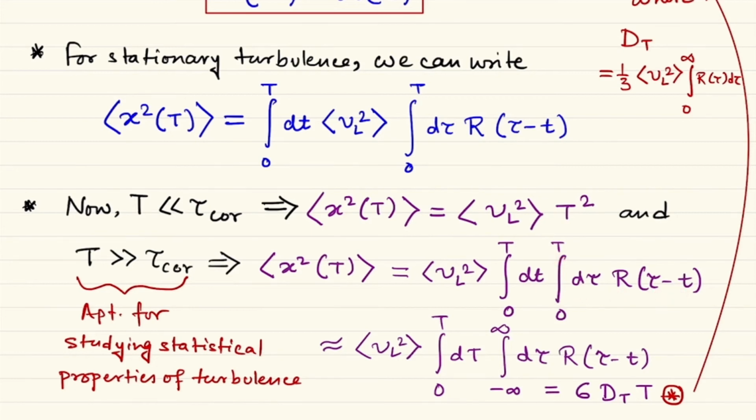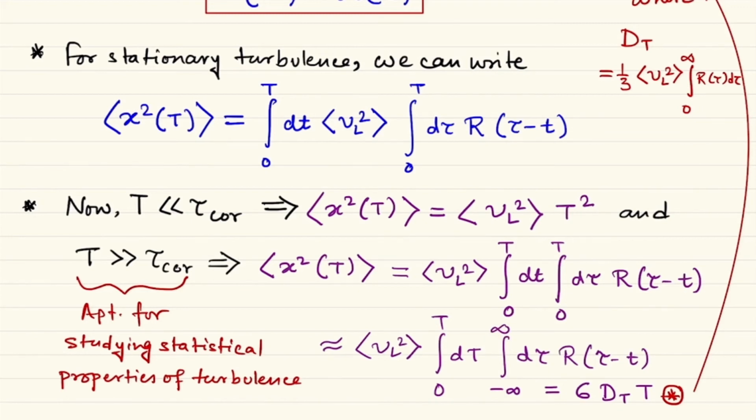Since we are interested in a time which is very much greater than the correlation time, we can easily replace this integration, everything unchanged, with a changed boundary, minus infinity to plus infinity.